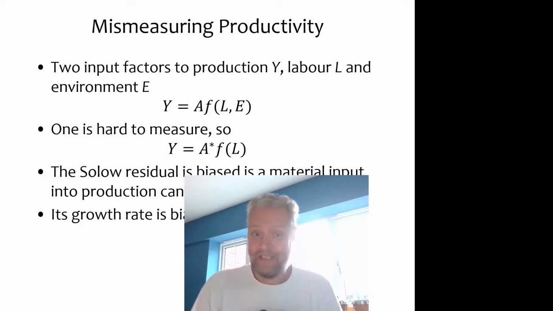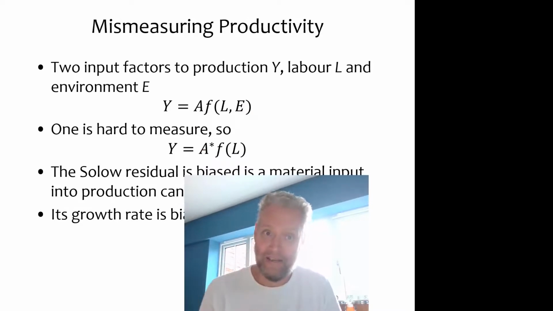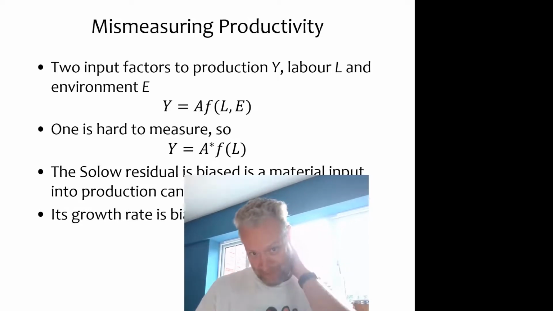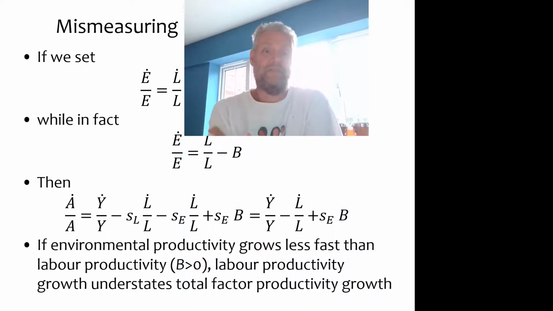Now, if you're just interested in levels, you immediately see that it goes wrong. Essentially, this function here is underspecified, but we just correct for that by changing our measurement of total factor productivity A. But if you mismeasure the level, we also mismeasure its growth rates, and that follows from the derivations that you see here.